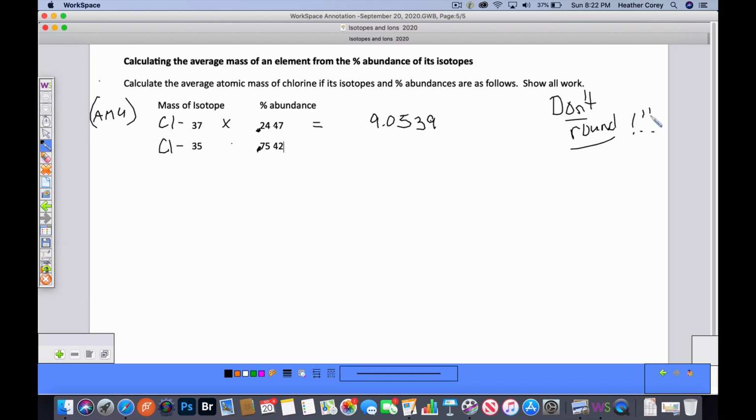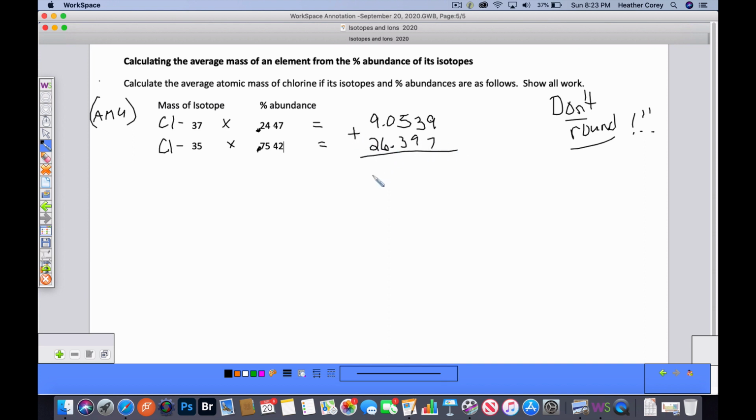We're not doing calculations with data collected in the lab. What we're trying to do here is find what is that full mass, that full decimal that you would see on the periodic table. And then our next one, we have chlorine 35. So multiply the 35 times 0.7542, which gives me a value of 26.397.